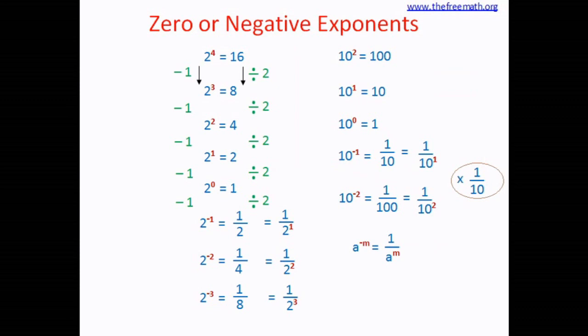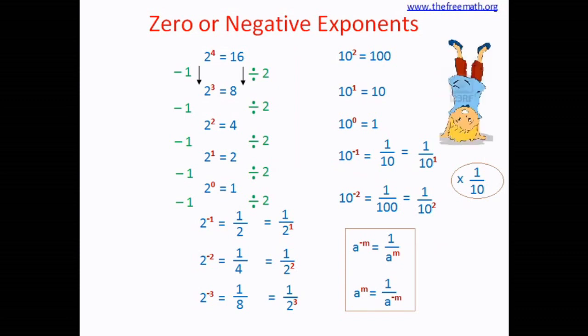Or you can also say that a to the power of m equals 1 over a to the power of negative m. That means whenever there is a negative exponent, you can make it upside down and change its sign. If you turn it upside down, then the sign of its exponent is reversed.